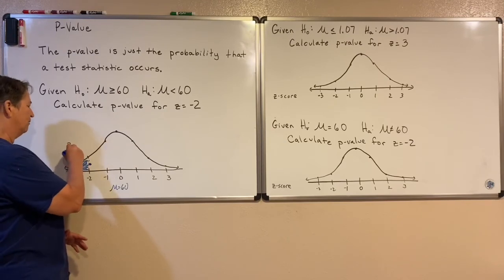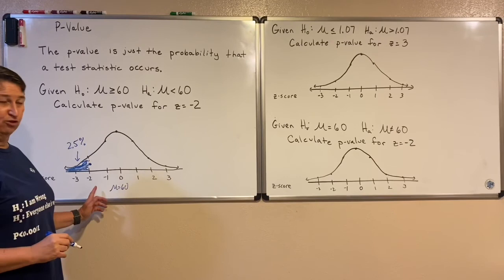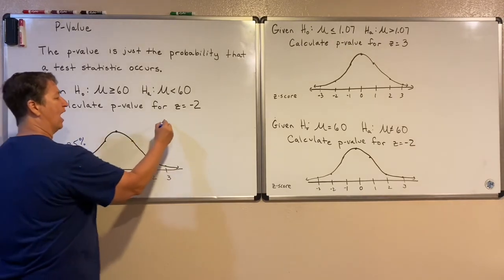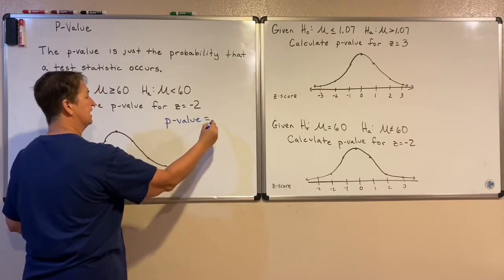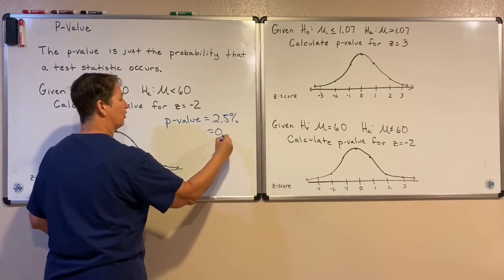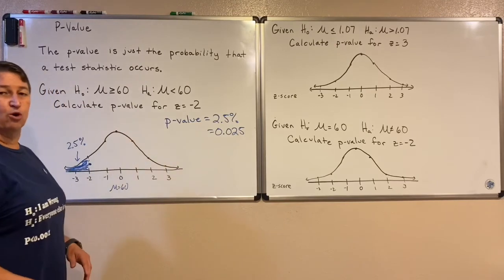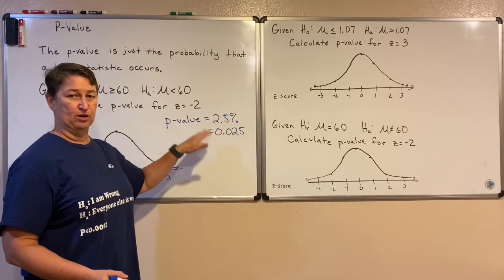So the probability that I get something as extreme as a -2 for the z-score is 2.5%. Or our p-value, the probability that it occurs, is 2.5%. Of course, we could also write that as 0.025. These two numbers are the same number.